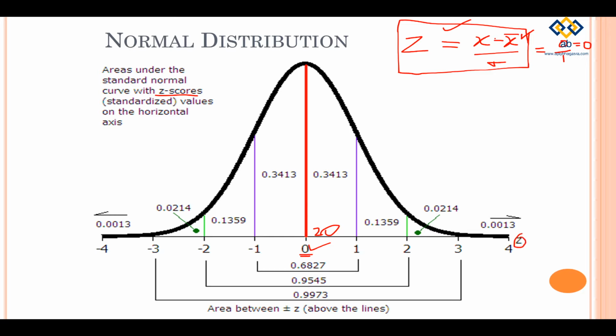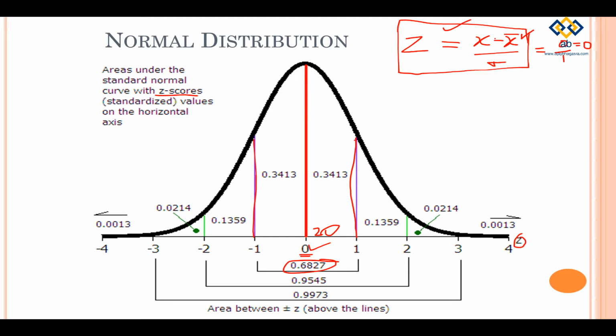A very important property also: for a value of Z equal to plus minus 1, because this is a normal distribution, it is a mirror image, so the right hand side is equal to the left hand side. Whatever is on the right hand side would always be on the left hand side also. So for a value of Z equal to 1, the region which I have highlighted with the violet color would have 68% of the total observations.